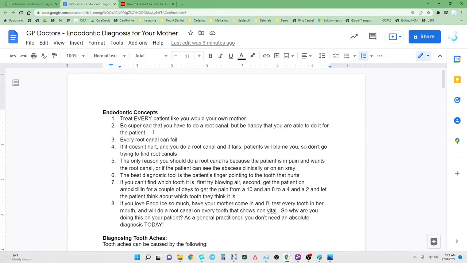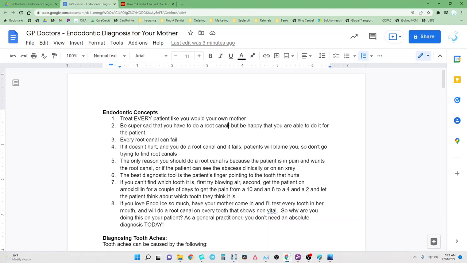Part of that is you should be super sad when you have to do a root canal. I think as new dentists, we get super excited to be able to pick up the drill and do a procedure. You should always be super sad. I've always felt that it's the weirdest concept in the world that taking a drill to someone's face is actually helping them.